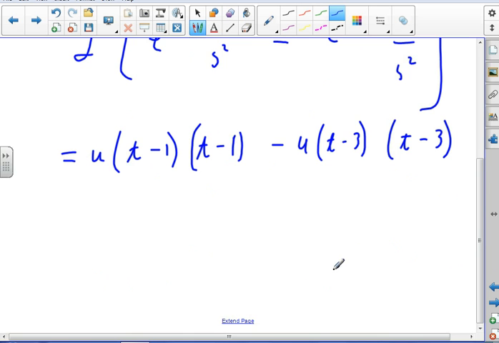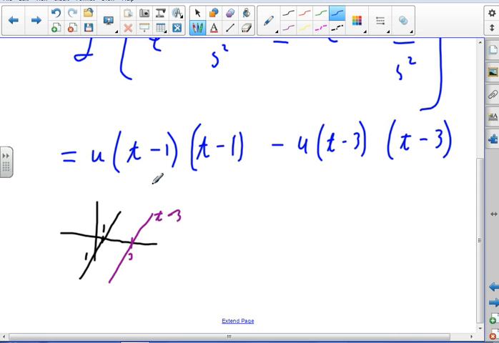Now I'm going to graph the function. The function of t minus 1 means that when I am at 1, I'm crossing 0. So it's a function that looks like this. That's 1, this is 1. If I look at t minus 3, so this is 3, and it looks like that. So this is t minus 3.